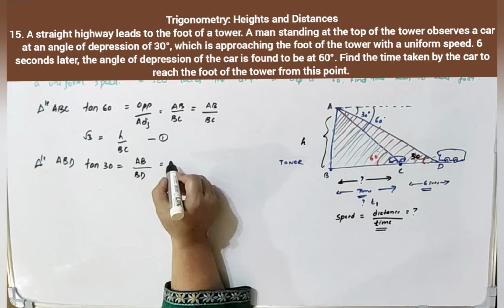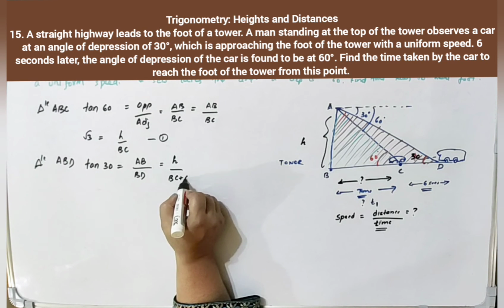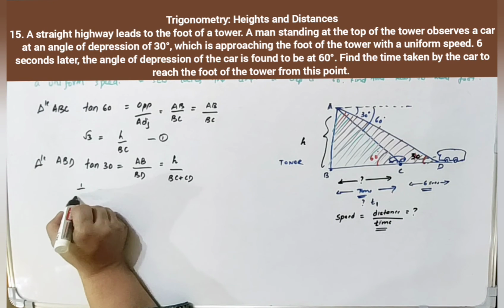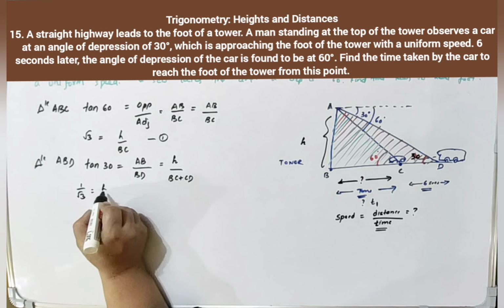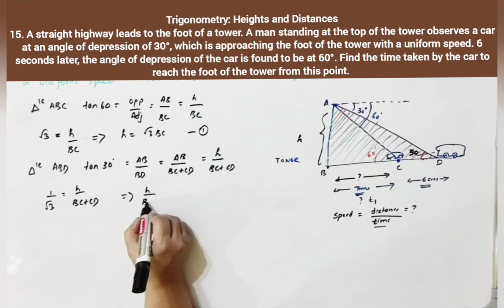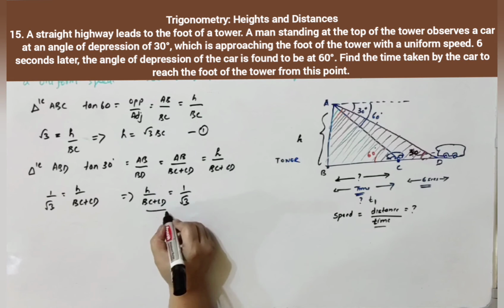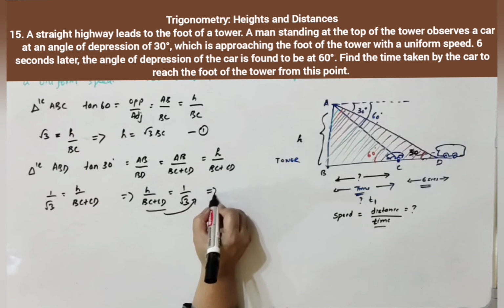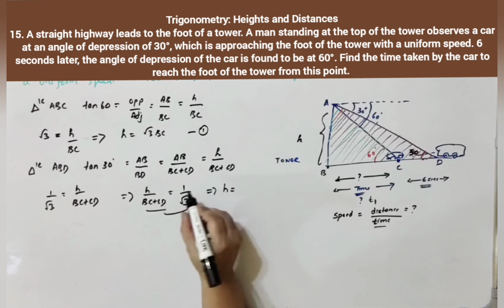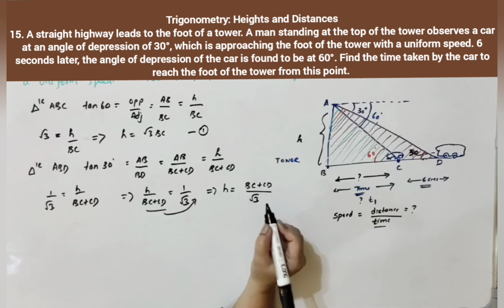AB is H and BD is BC plus CD, and tan 30 is 1 by √3. So 1 by √3 is H by BC plus CD. We'll shift this to the other side, so we'll get H equal to BC plus CD by √3.